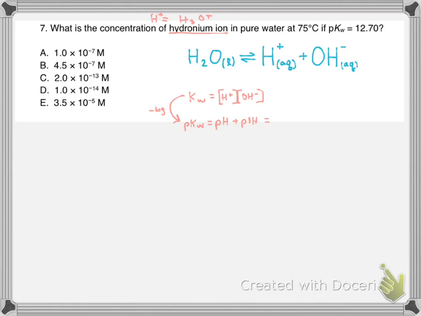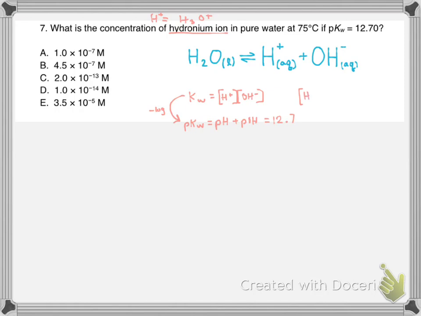And they tell us that at this temperature the number is 12.7 for pKw. And so for pure water, we know that our concentration of protons and our concentration of hydroxide are equal, which is what makes pure water the definition of neutral.